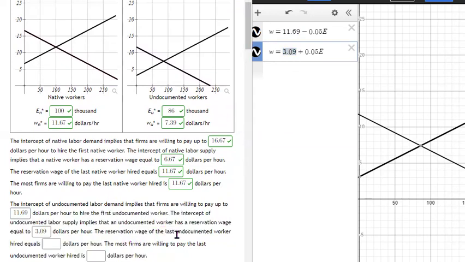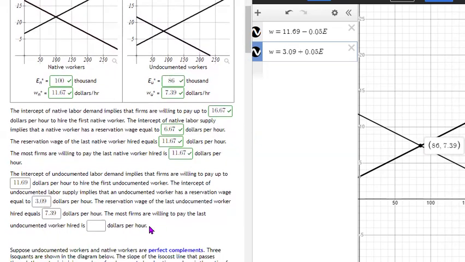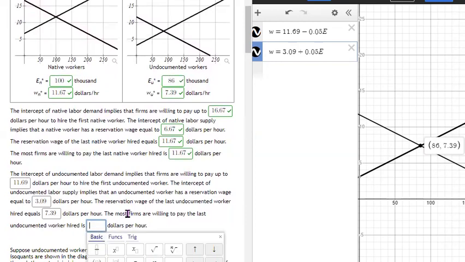The reservation wage of the last undocumented worker hired, the 86th one, is the market wage of $7.39, right? And the firms are willing to pay up to $7.39 for that last undocumented worker hired, right?